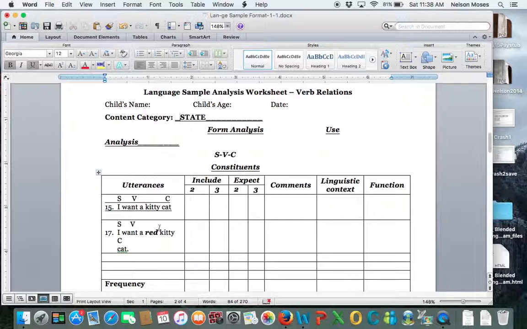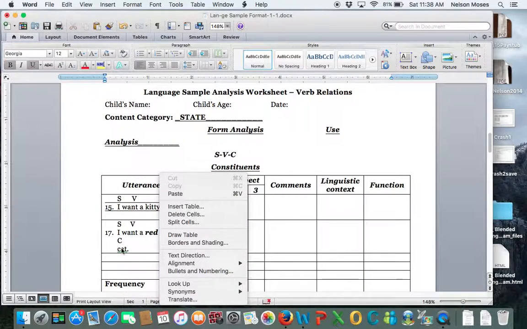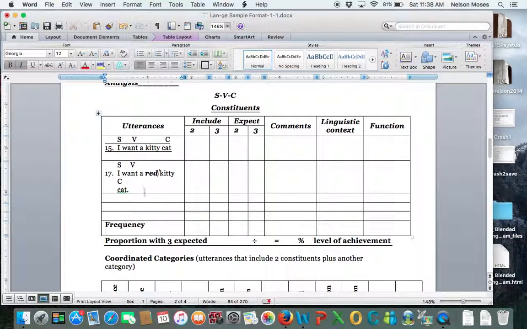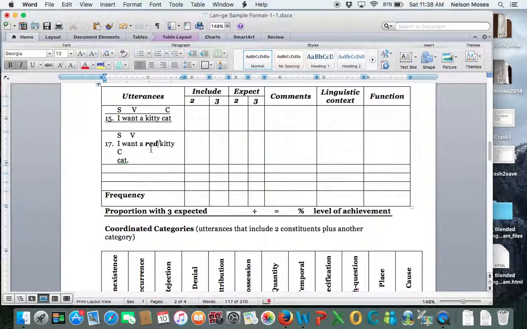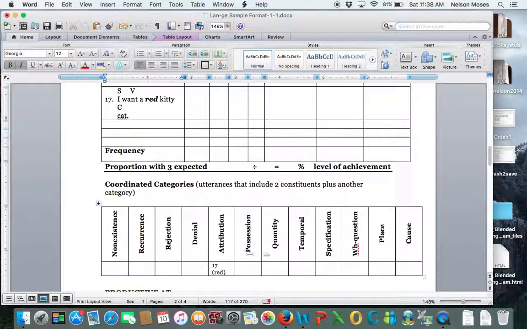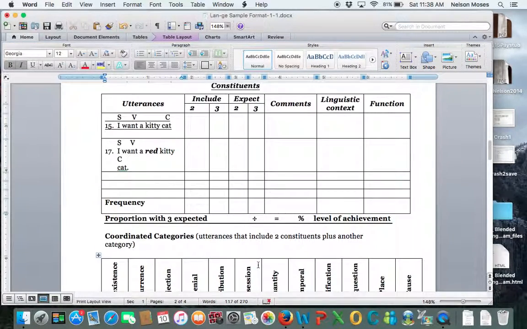See that? And then I will double check to see if the extra words outside of the SVC unit, their content categories, are marked as coordinates below.